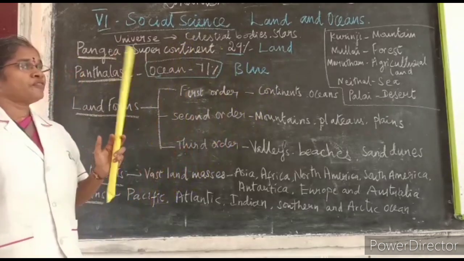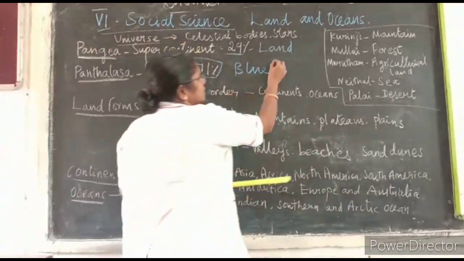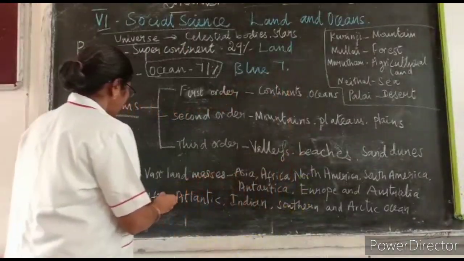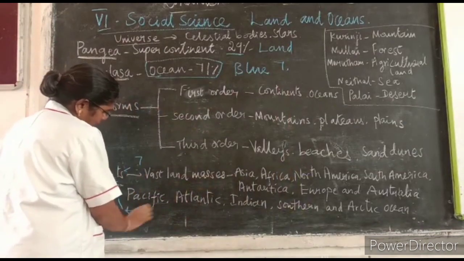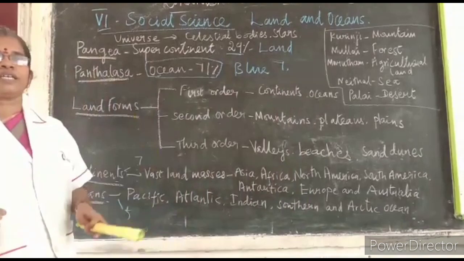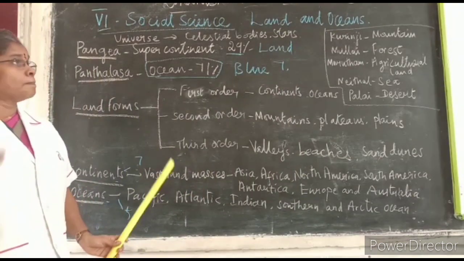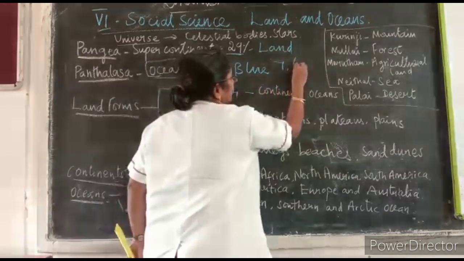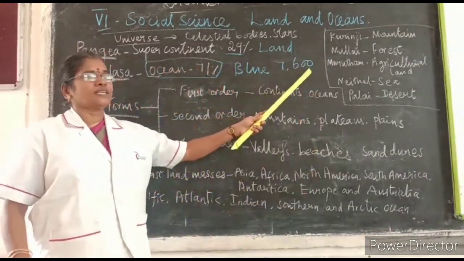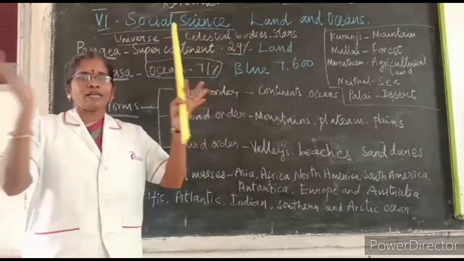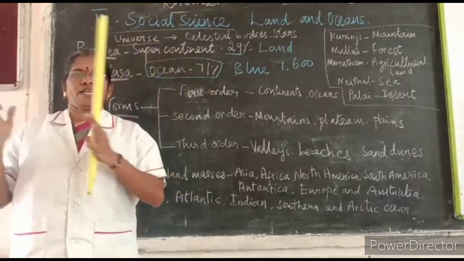Okay, and you know there are 7 continents and 5 oceans. 7 continents and 5 oceans. Now it is very clear that there are 7 continents and 5 oceans, but 600 million years ago, all the land masses were present together without any space.